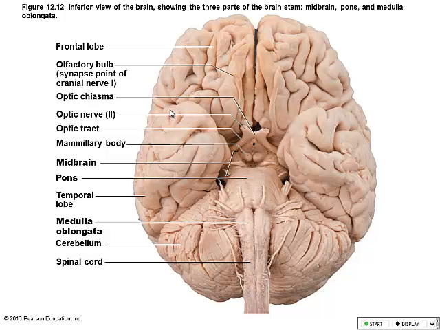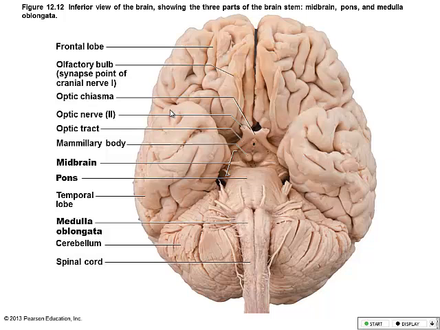So we'll see those little things that are sticking out that kind of look like wires? Those are some of the different cranial nerves we're going to have to learn. We see a big one up there, the optic nerve that actually comes from the two eyeballs and then crosses over for processing on either side of the occipital lobe of the brain.